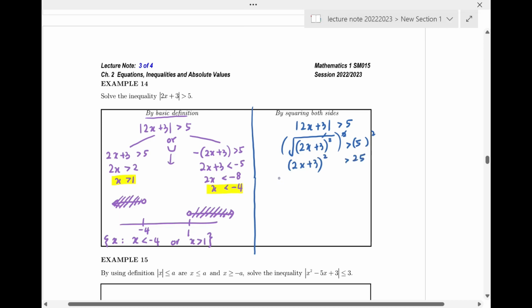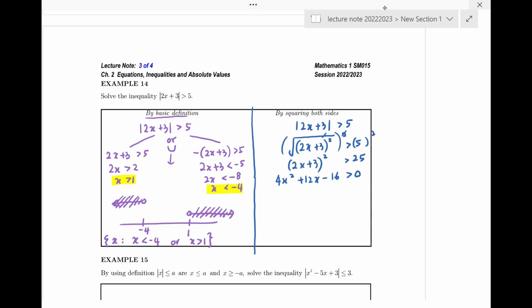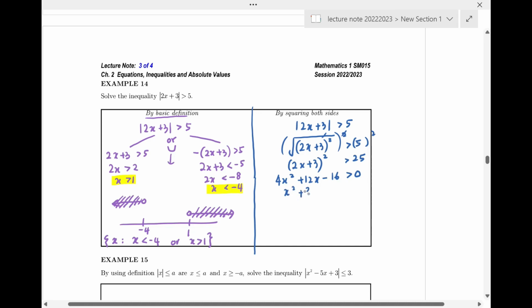Expanded, we have 4x squared + 12x - 16 greater than 0. Simplify: x squared + 3x - 4 greater than 0. Factorize: (x + 4)(x - 1) greater than 0.